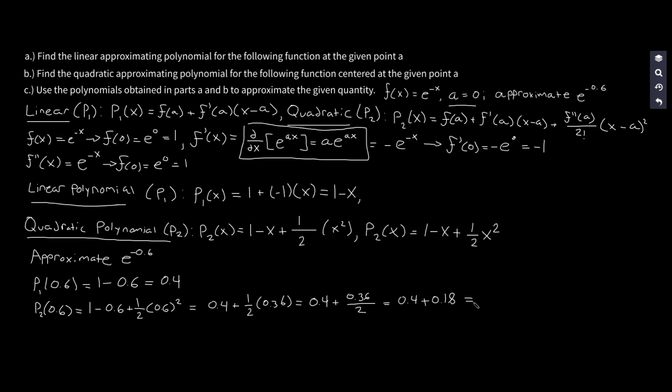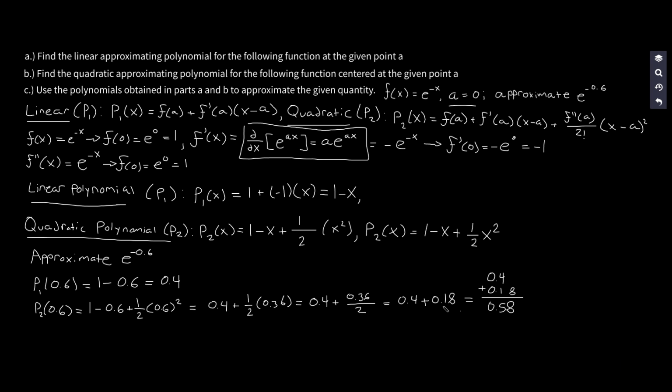And then, when you're adding decimals, 0.4 and 0.18, we're going to add those together. So that's going to become 0.58.